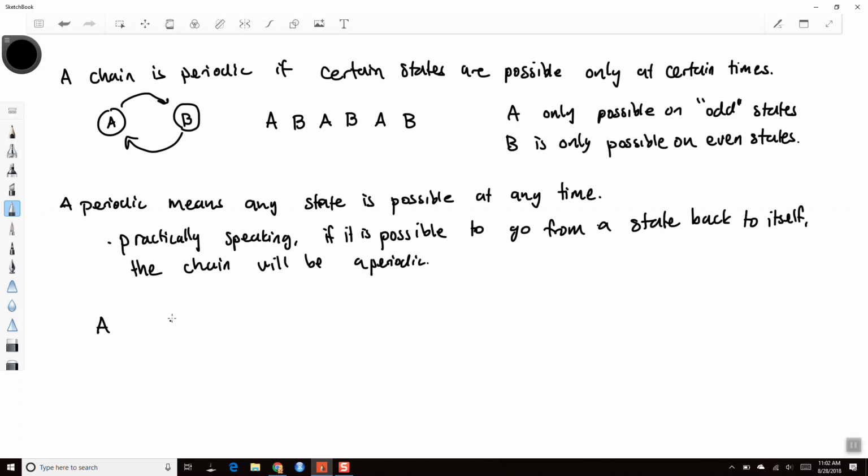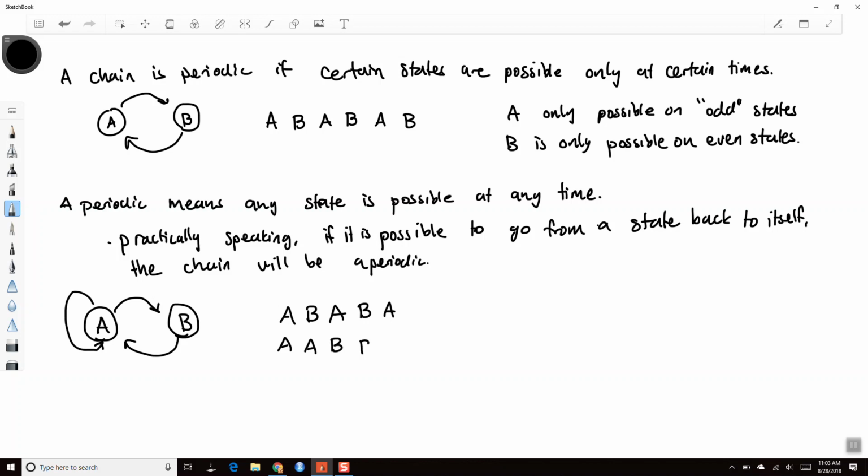So if you just add this, if it's possible to go from A back to A, then it becomes aperiodic.